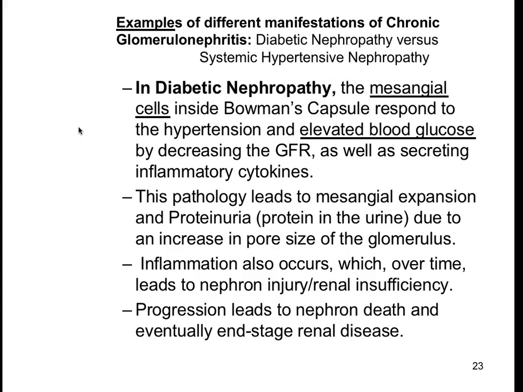It happens over a period of years, decades, but the cell that becomes remodeled by the constant and pervasive hyperglycemia is the mesangial cell. So here it is right here, mesangial cells. With that hyperglycemia, that becomes a long-term trigger.